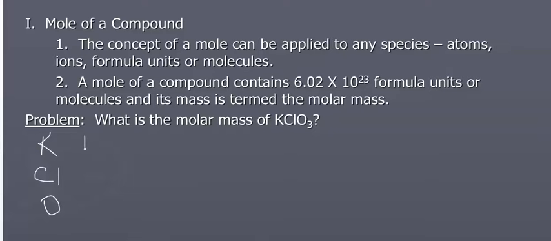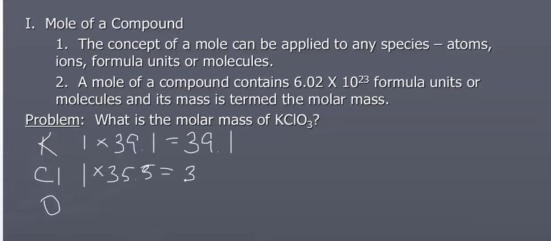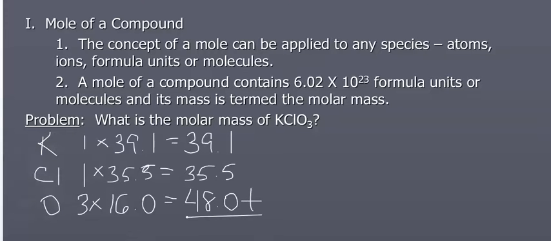I've got 1 potassium, so I'd take 1 times the mass of potassium, which is 39.1 from the periodic table. For chlorine, I've got 1 Cl. Its mass is 35.5 from the periodic table. And for oxygen, I have 3 oxygen times the mass, which is 16.0, and add those together to get the molar mass.